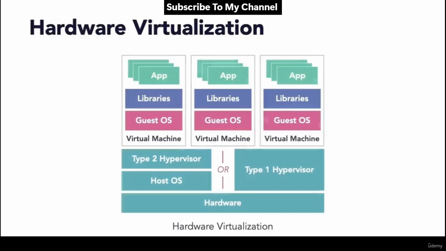Then came hardware virtualization, which enabled organizations to run multiple virtual machines on the same hardware instance. This form of virtualization not only allowed flexible scale up or scale down of the VMs, but also provided stronger isolation among applications running on the same hardware.